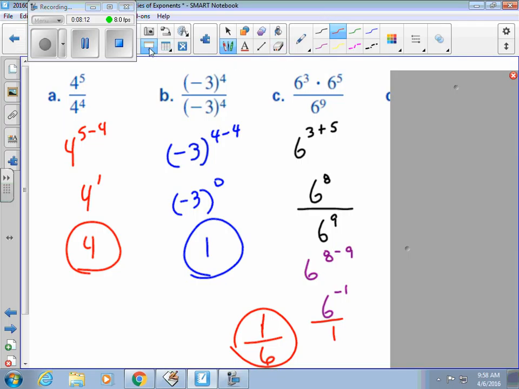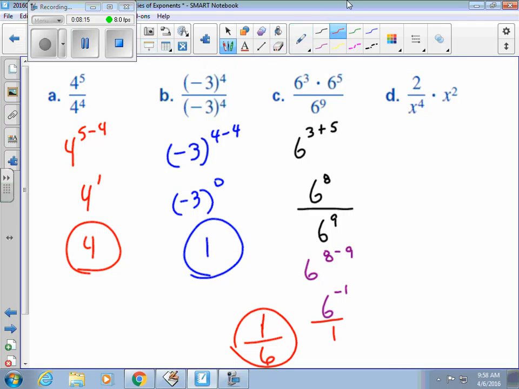We have one more to look at real quick. 2 over x to the fourth times x squared. Take about 25 seconds on that one.